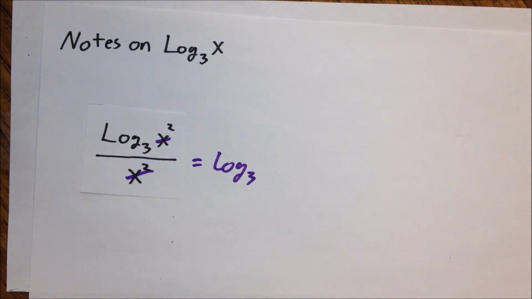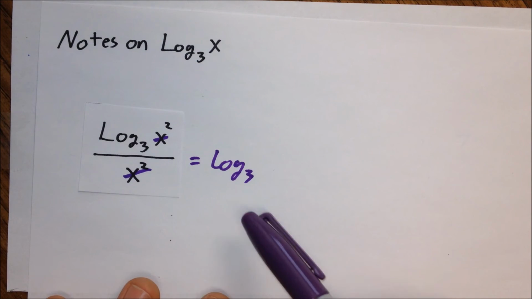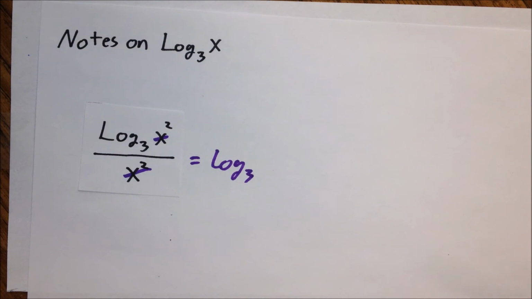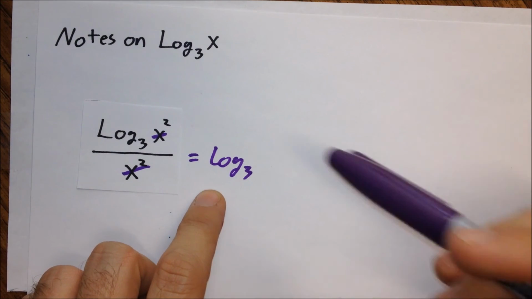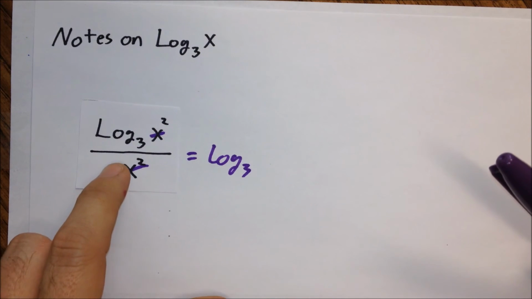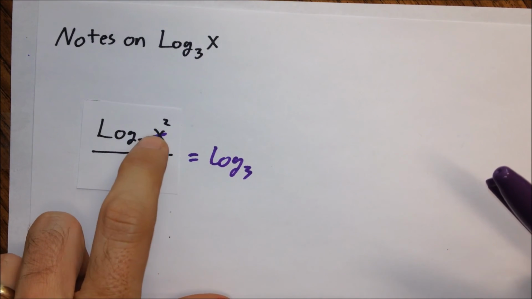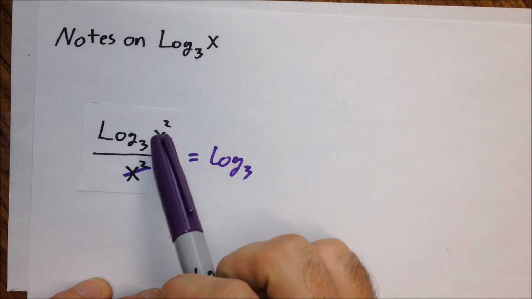Now there are many reasons why this is not an appropriate thing to write down, but chief among them is the fact that log 3 is not something that's reasonable for an answer. Log 3 itself would be just as bad as writing square root with nothing inside and circling that as your answer.